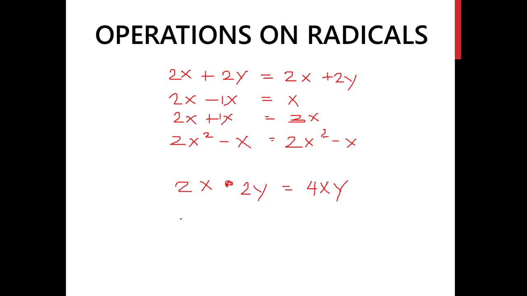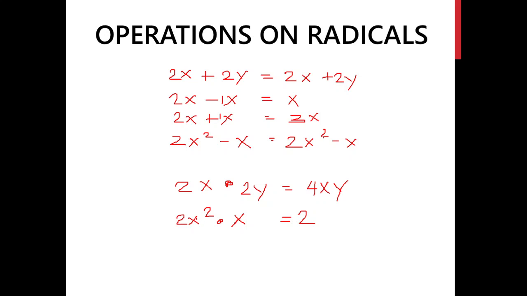Okay, for example, you have here 2x squared times x. Again, both terms do not have the same variable, but since this is multiplication, you can process the operation. So you have 2 times 1, that is 2, x squared times x.